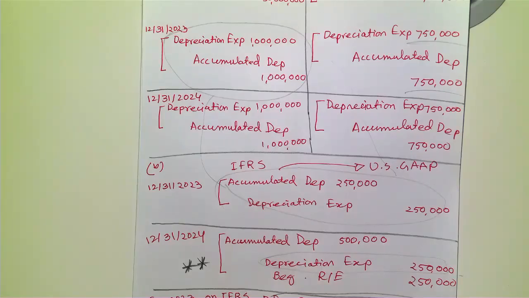Capitalize versus expense: capitalize means record as an asset. It could be an intangible. If it is R&D, we cannot see it, right? It's not tangible or physical. Or you can also call it deferred cost.